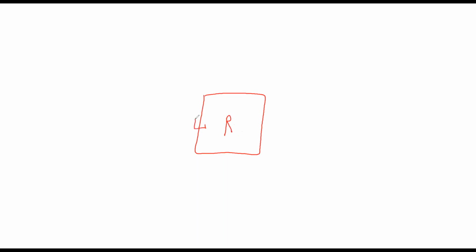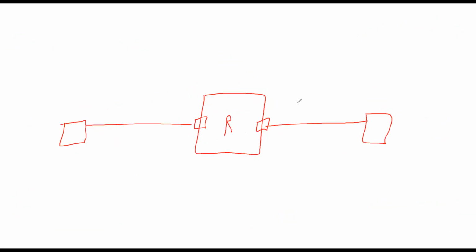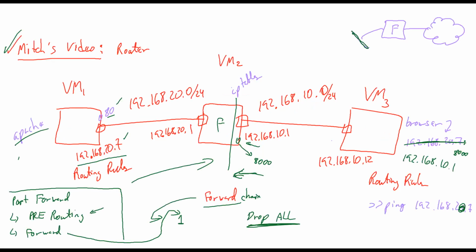But it does have two network interfaces set up, and then you have two computers. That's the simple element. Now we said these were 192.168.10.1, and this one was, I think, 192.168.20.